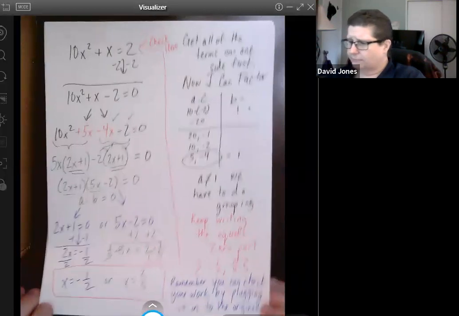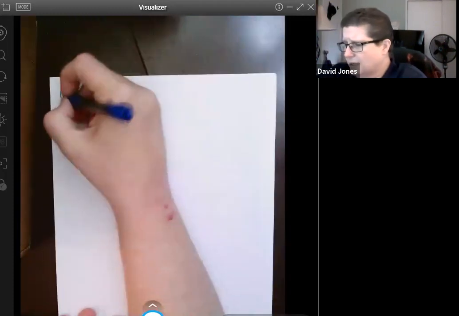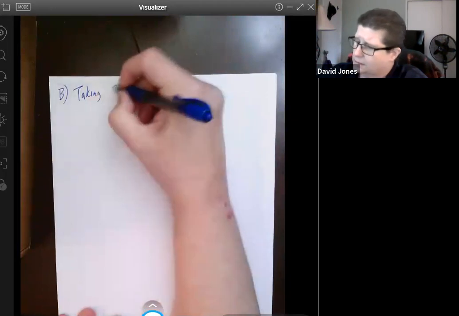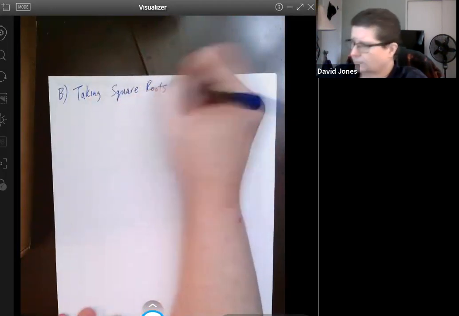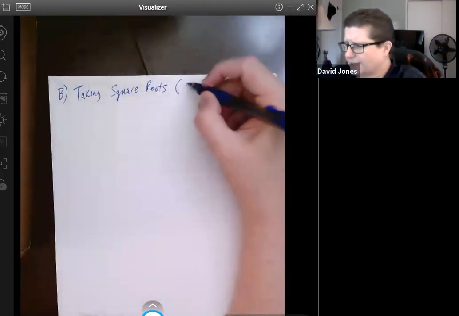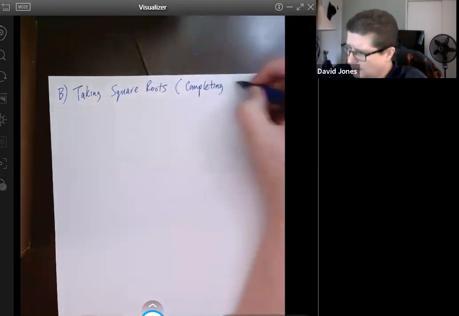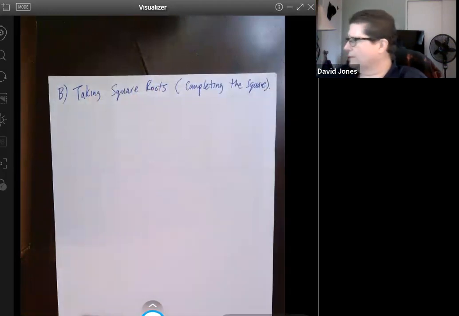Another option, Option B, is like taking roots. And the subcategory of this will be completing the square. I'll show that in a second. Well, let me just give an example.